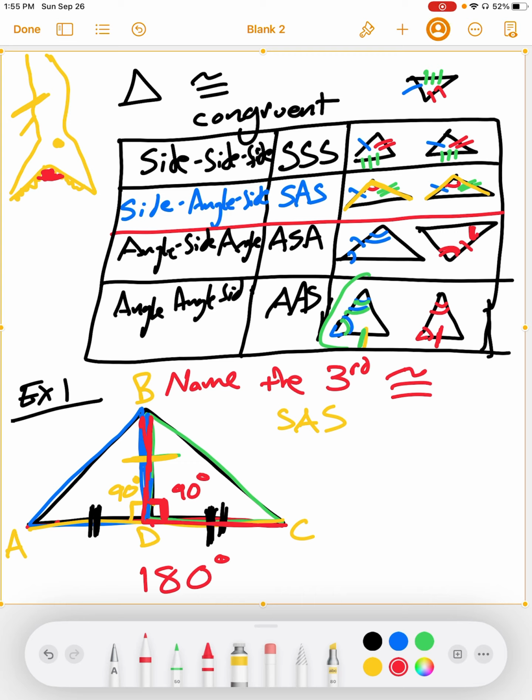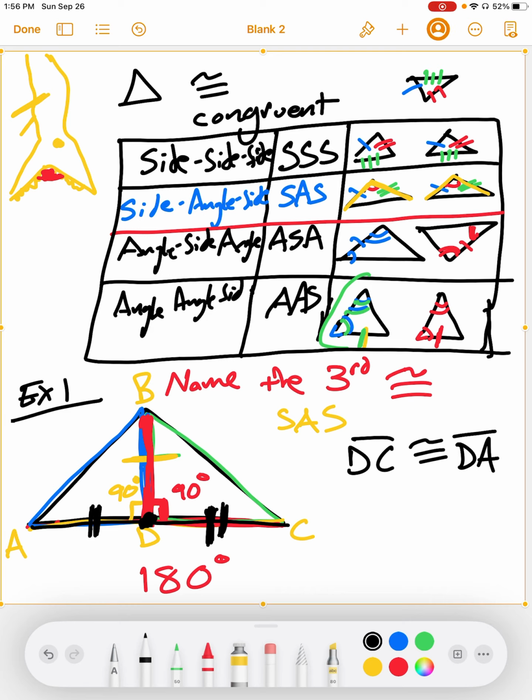So if we look here, side, angle, side. The hidden congruence we need to name is this black one at the bottom, and that's a side congruence. So we could say DC is congruent to. Now DC is starting at the 90-degree angle and going away from it. So we're going to have to start at the 90-degree angle, go away from it on the left side. So that would be A.